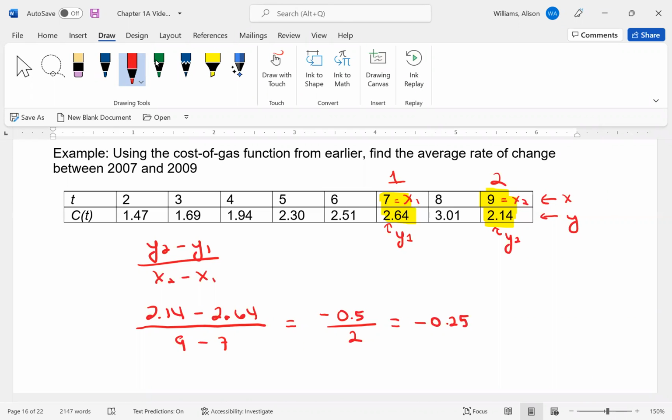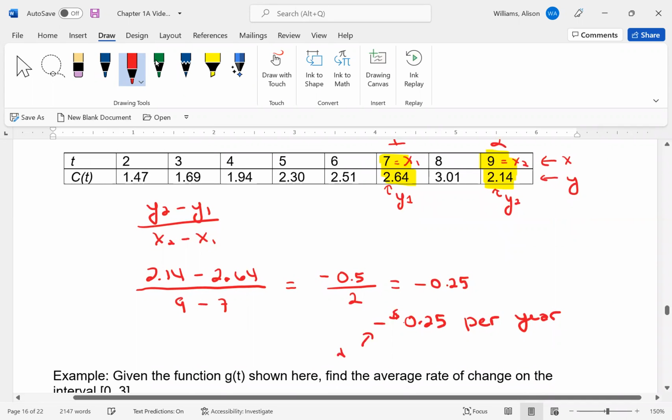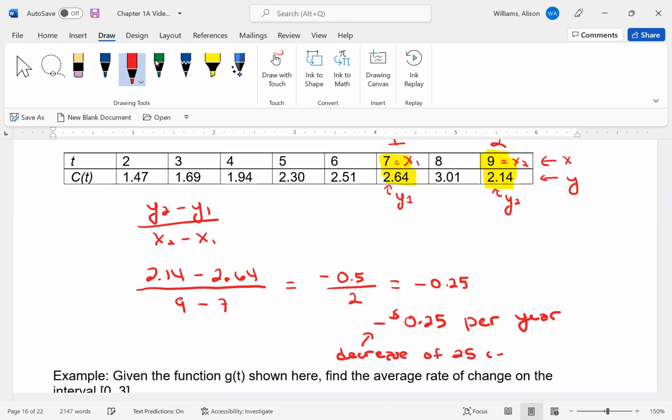Writing this using the units, since this is dollars and years, this would be a decrease of 25 cents per year. That's what the negative is representing. So it's a decrease of 25 cents per year, which makes sense since it did go down in price.